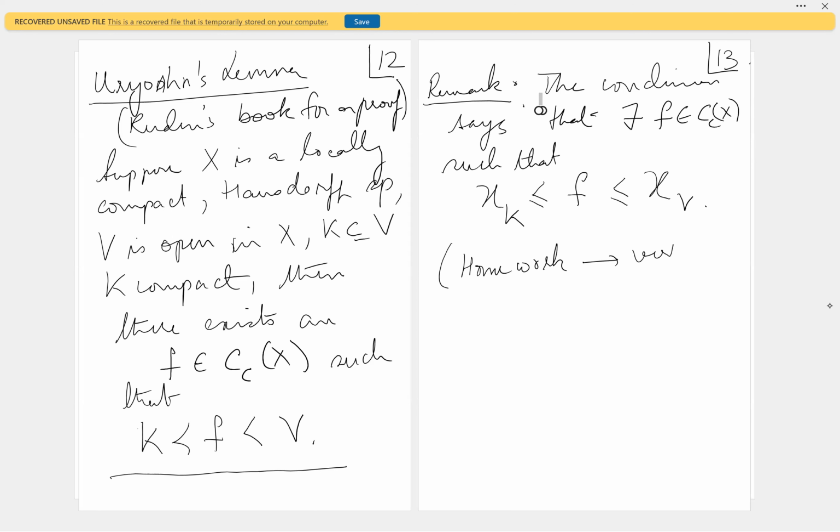Verify. So this means this is pointwise. Okay, these are functions. So this is the usual meaning of a function being less than the other. And when I'm writing this thing between a set and a function, I'm trying to make it a bit curved, but it doesn't always work. So keep that in mind. Okay.